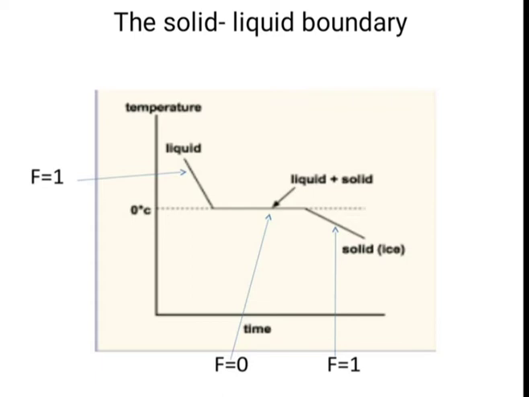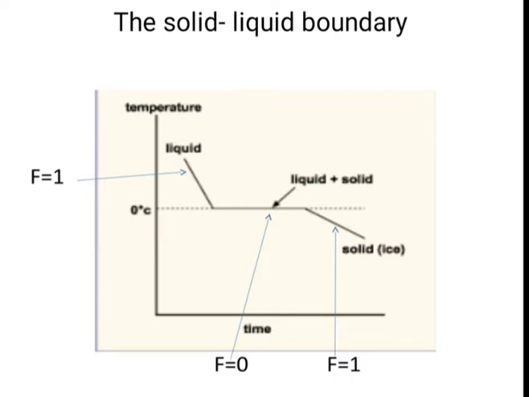And after decreasing the temperature below 0 degree, the liquid can be converted into the solid. So, that means solid ice is formed from the water. So, here is the liquid, here is the liquid plus solid, and below 0 degree Celsius, as time passes it will get converted into the ice.